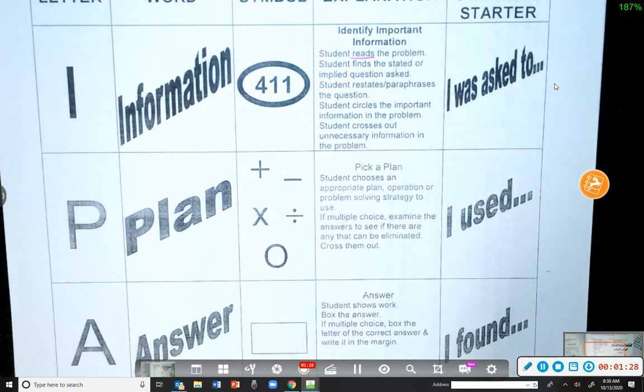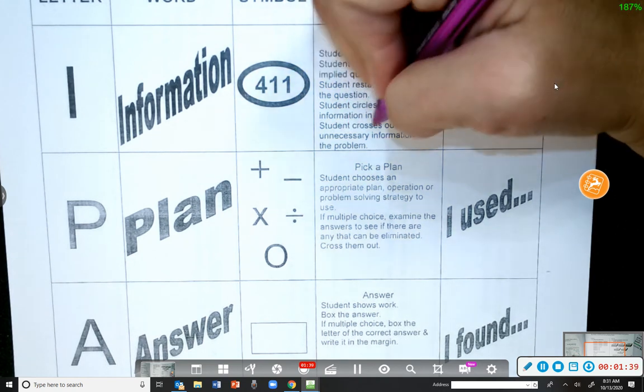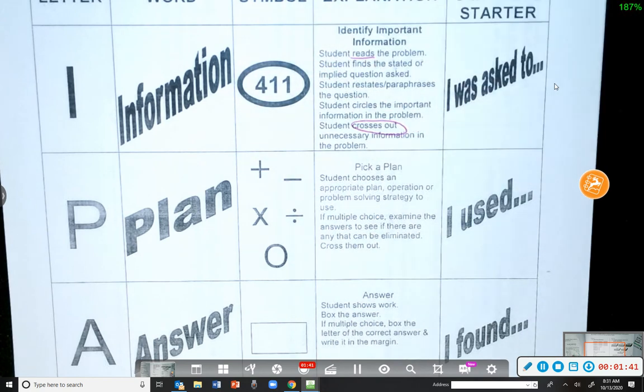Student circles the important information in the problem, and then you also will cross out any information that is unnecessary, okay? So crossing out is another important thing to do. Eliminating answer choices, crossing out information that we don't need, okay?